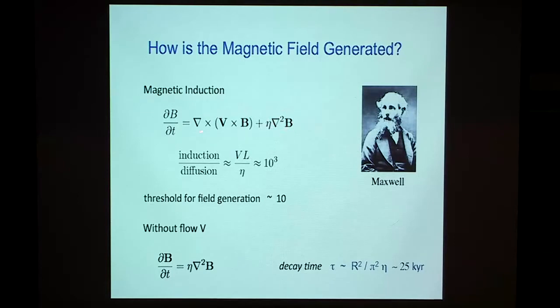So if you subtracted this piece away, you went down to here with no flow, you're basically in a purely diffusive state. And if there are no sources of magnetic field, there will be a characteristic time scale for the magnetic field to diffuse away. It's on the order of 25,000 years, maybe a little bit higher with these more recent electrical conductivities.